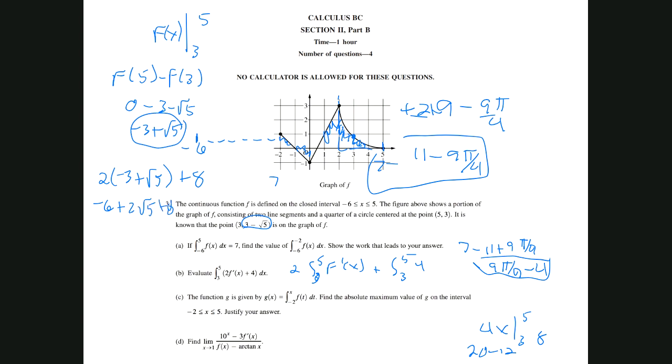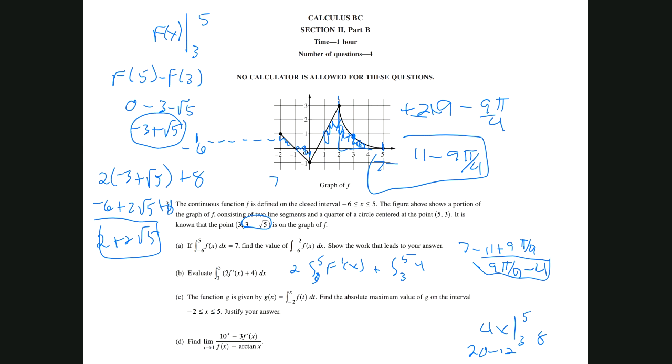So 2 plus 2 square root of 5. Oh, I think that's right. Pretty interesting types of problems. Without being able to use a calculator, they're asking you so much in these types of problems. Do you guys get where I came up with the 2 square root of 5 for an answer?